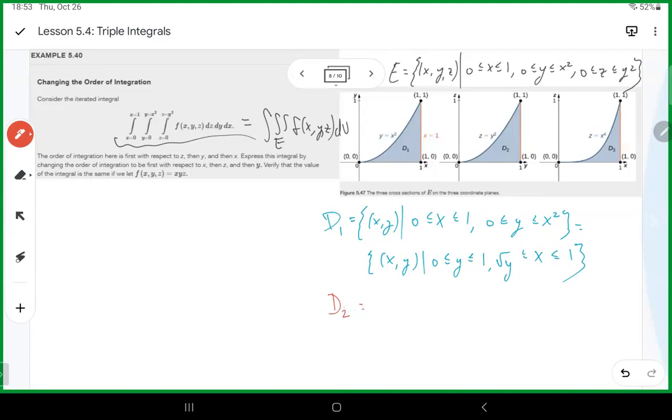Both of those can be seen as D1. D2, I have X, Y. It's going to be, sorry, it's going to be YZ.